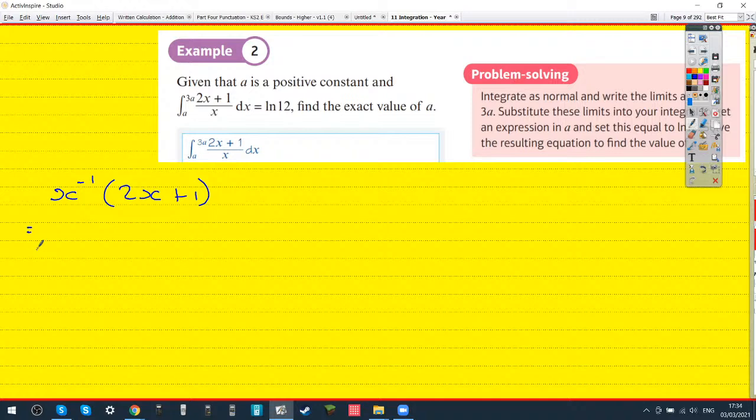And then expand. If you times x to the minus 1 by 2x, you just get 2.